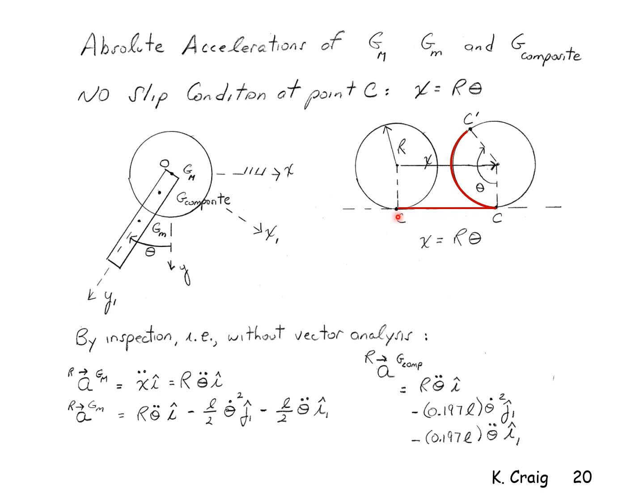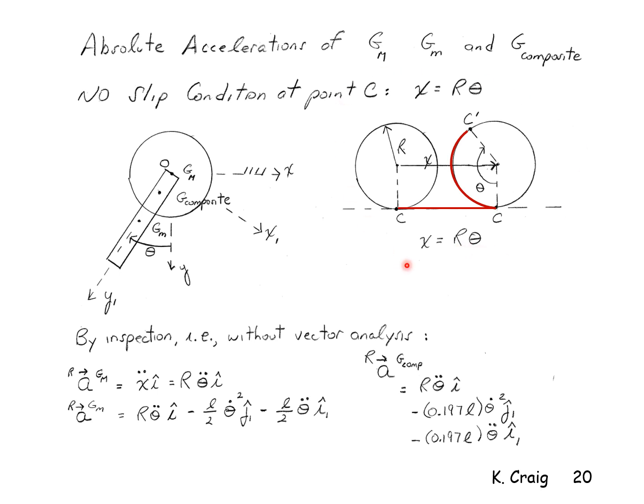So the length of this line is the same as the length of this line, and I have then the no-slip condition. So just from trigonometry, x is equal to the radius r times this angle theta, the no-slip condition. So the velocity of the center of mass, x dot, is r theta dot. The acceleration of the center of mass, x double dot, is r theta double dot.